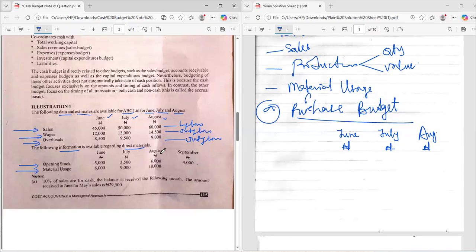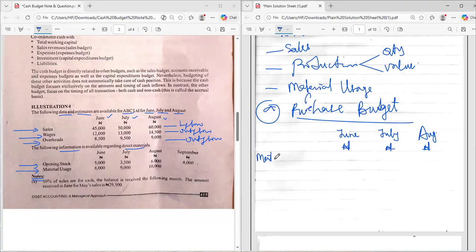Do you know the meaning of material usage? It is the material that you intend to use for production. Then we are given notes. In my solution, I will start with material usage. I will let you know why.